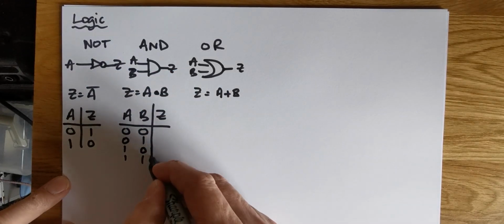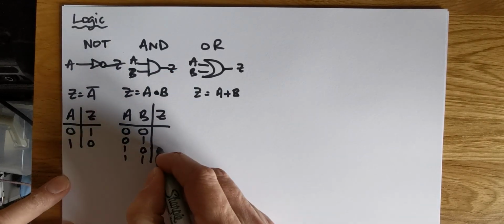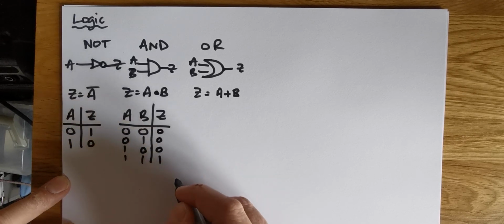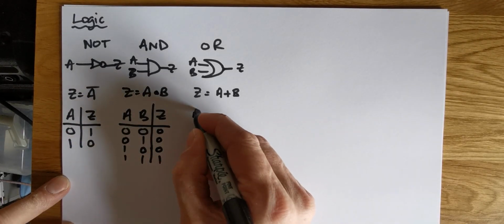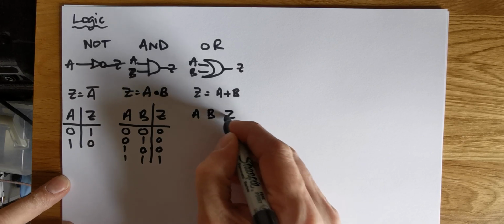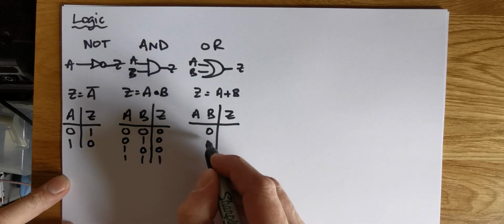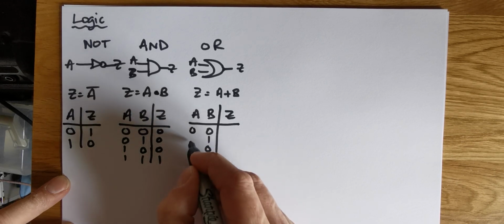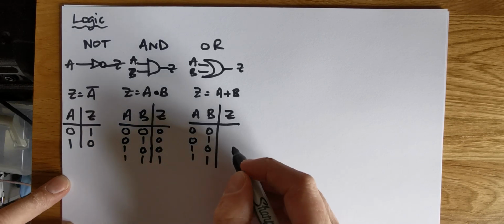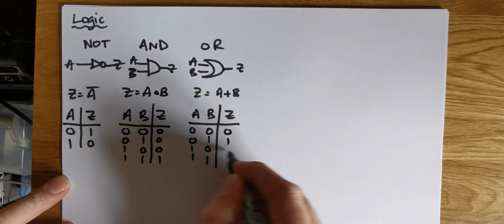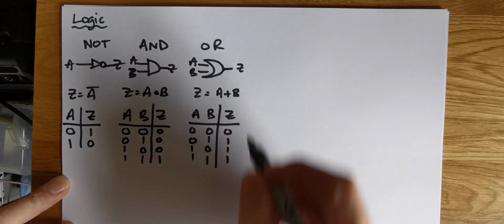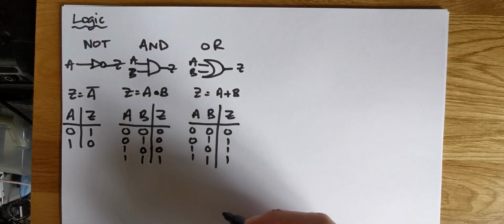So for an AND gate, Z will be on when all of the inputs are on, will be off in all other cases. And then for an OR gate, Z will be on if any of the inputs are on. So that was National 5 kind of basic content.